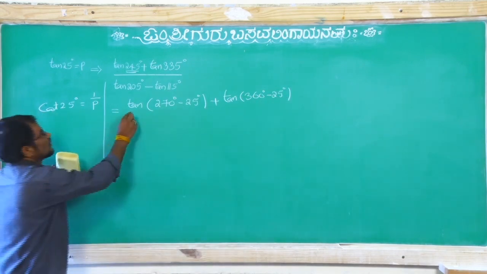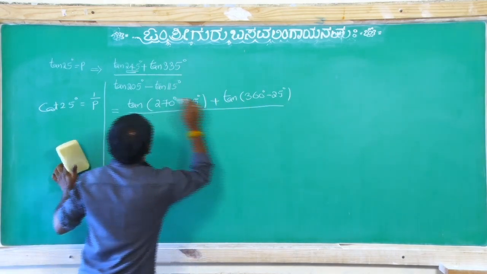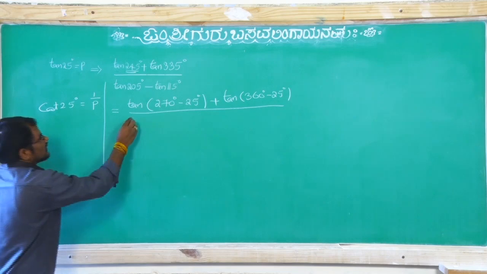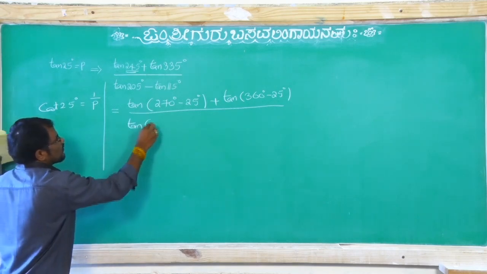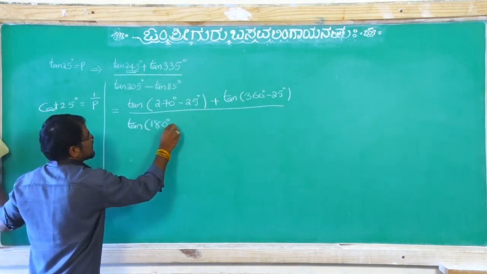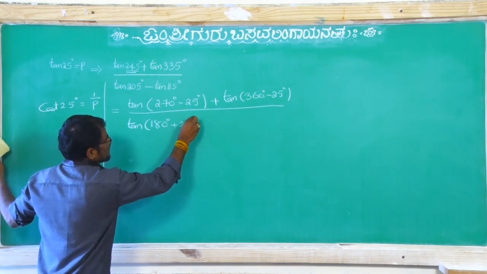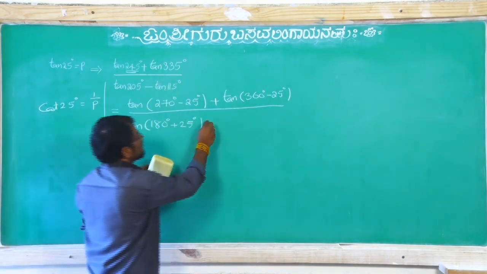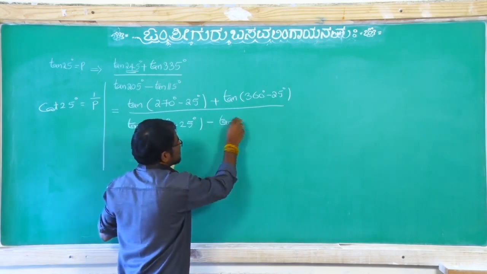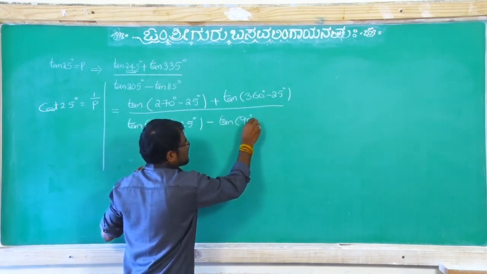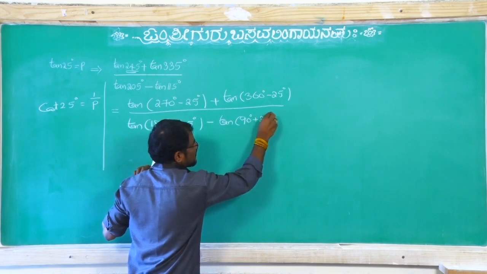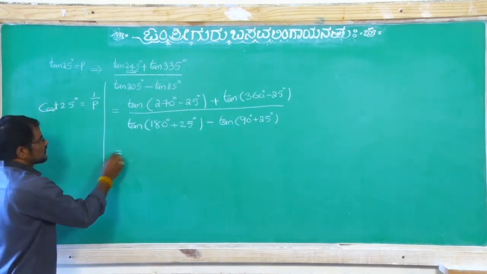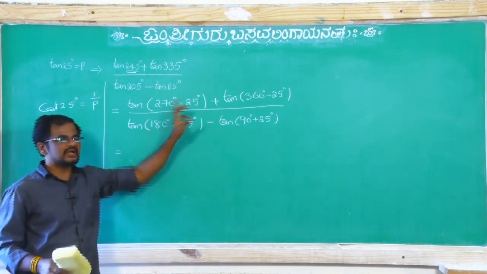Next, whole divided by this one, how to write? Tan 180 plus 25, and here minus tan 90 plus 25.